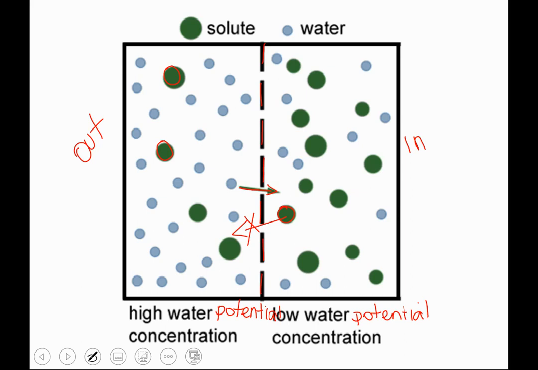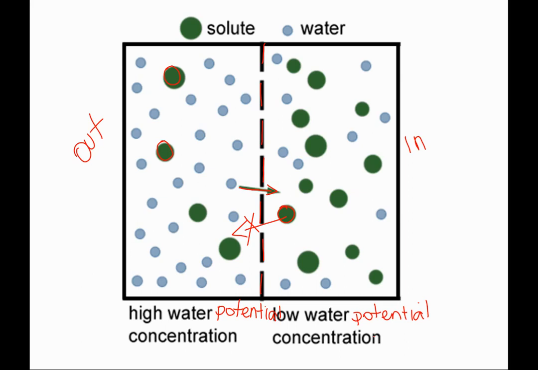So the water is going to try and balance out the dilution on each side of the membrane. So it's going to move from the high water potential side across the membrane to the low water potential side. And here we get a bit complicated, but this we can call a water potential gradient, which is the same as a concentration gradient, just with water.